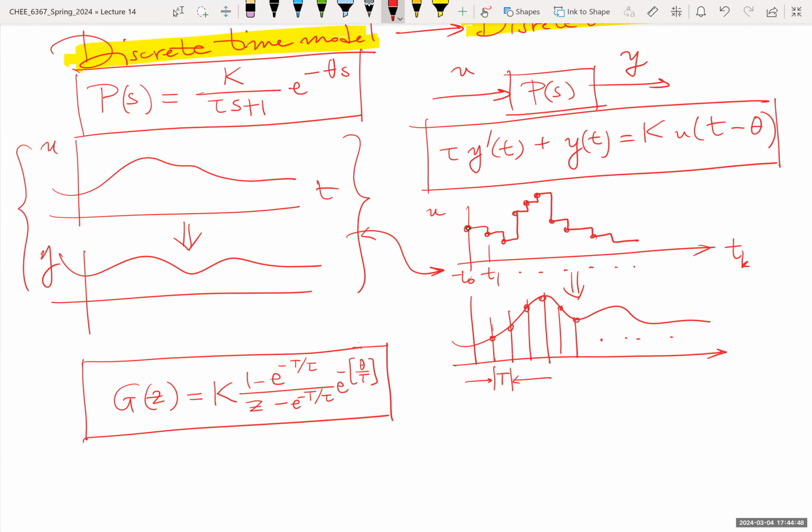If it's not an integer, we take the nearest integer, and then we have a little bit of approximation, but nevertheless, if this is an integer, this is exact.